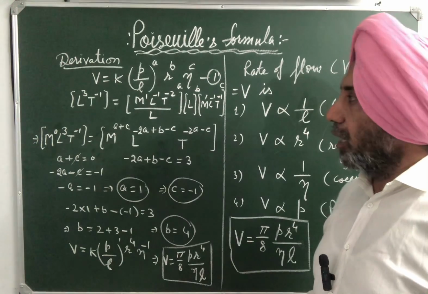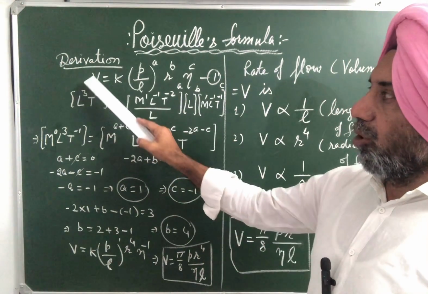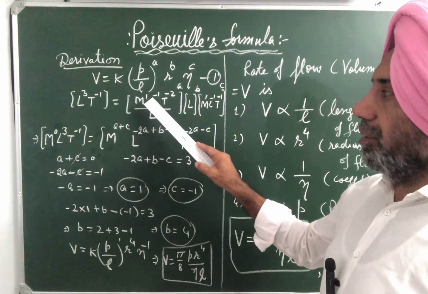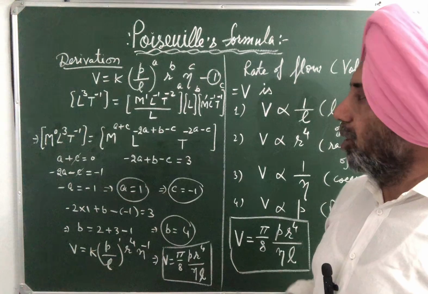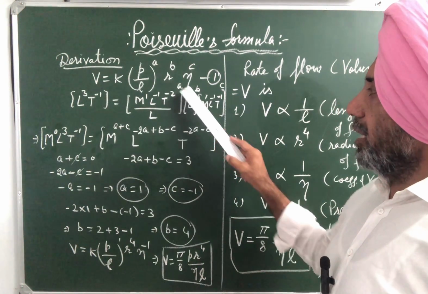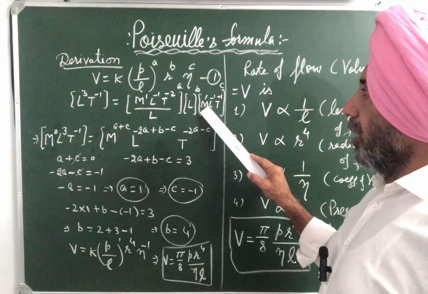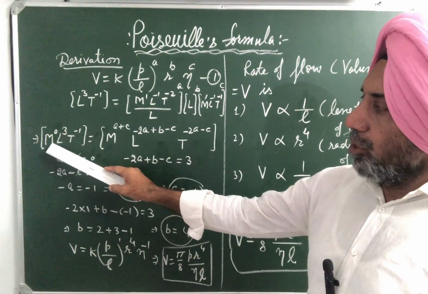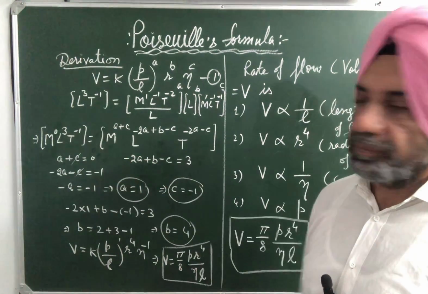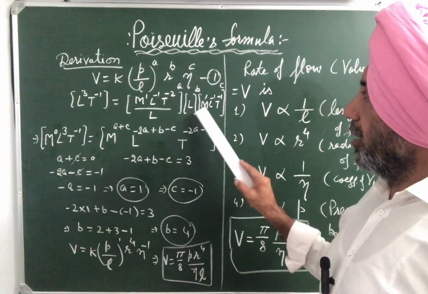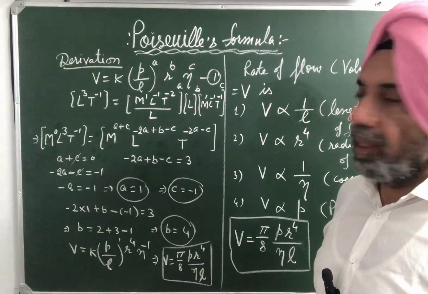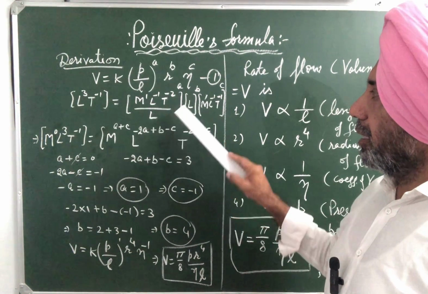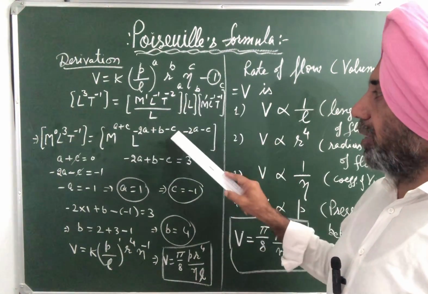So equation number 1. Then write the dimensional formula on both sides. Volume, the rate of flow, means L cube T minus 1. Pressure is M1 L minus 1 T minus 2, force per area, upon L power A. Radius is L power B. Coefficient of viscosity is M1 L minus 1 T minus 1 power C. So we can write M0 L3 T minus 1 equals M power A plus C from here, L power minus 1 minus 2, so minus 2A from here, plus B from here, minus C from here.